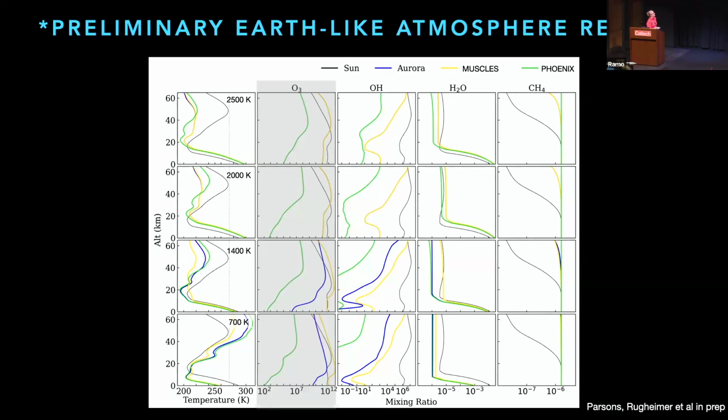So you can see for the most minimal UV Phoenix models, the ozone is much, much less, orders of magnitude less. And then we have the black line, the Sun, for comparison. And as you go to the higher UV models, you often get even more ozone than the Sun. Methane is also interesting. You can see that our Sun destroys a lot more methane than would be destroyed around these sorts of brown dwarf systems.